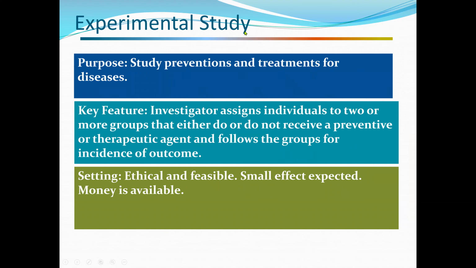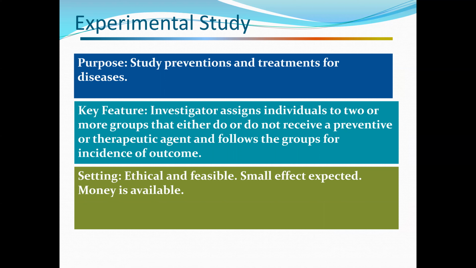With experimental study, we said the purpose is to study prevention and also treatment of disease. The key feature of an experimental study is, again, the investigator can assign individuals to two or more groups that either do or do not receive a preventive or therapeutic agent, and follows the groups for incidence of outcome.